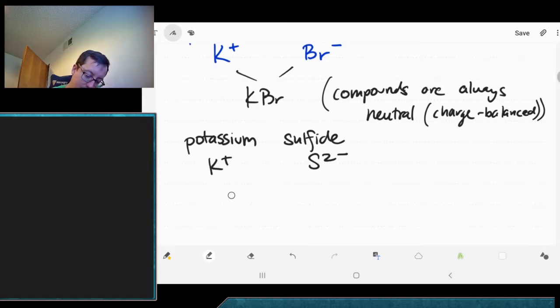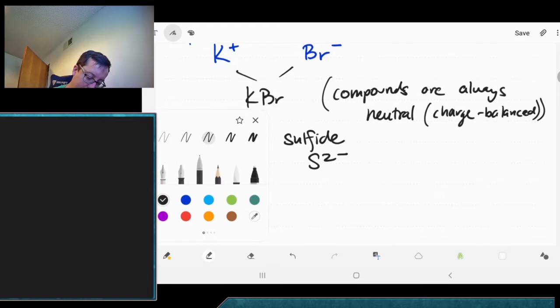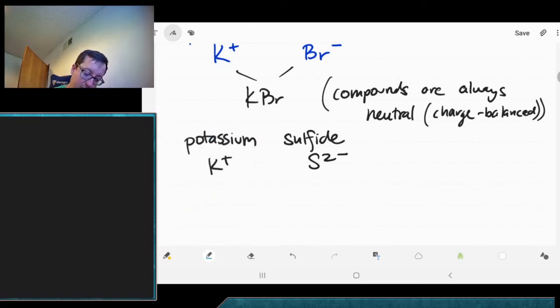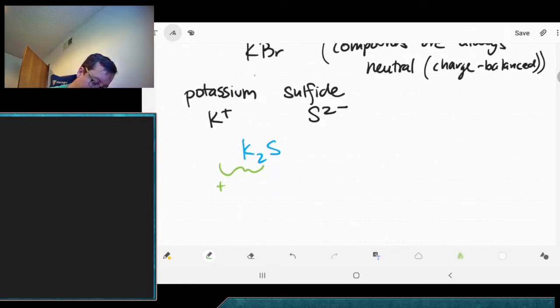So we need to revisit this and be like, aha, well, if we have a sulfide ion that's -2, well, we're going to need, in fact, 2 potassiums to balance that out. So we would say, we need K2S here. We need 2 times +1, because here we have -2 times 1.